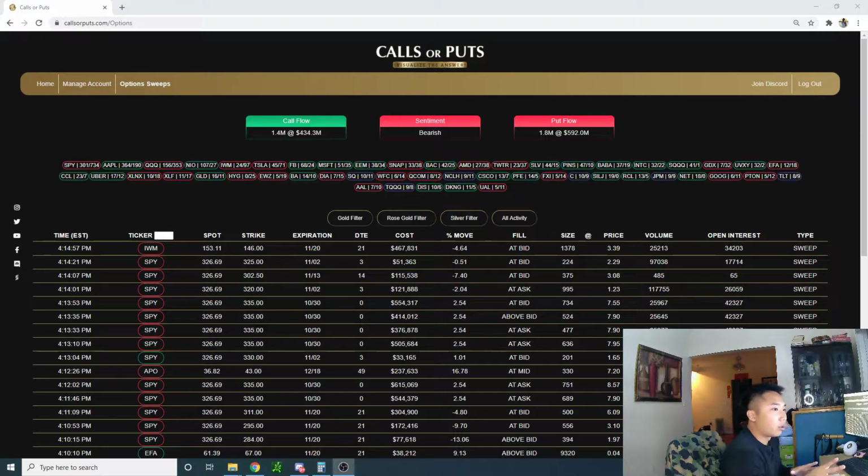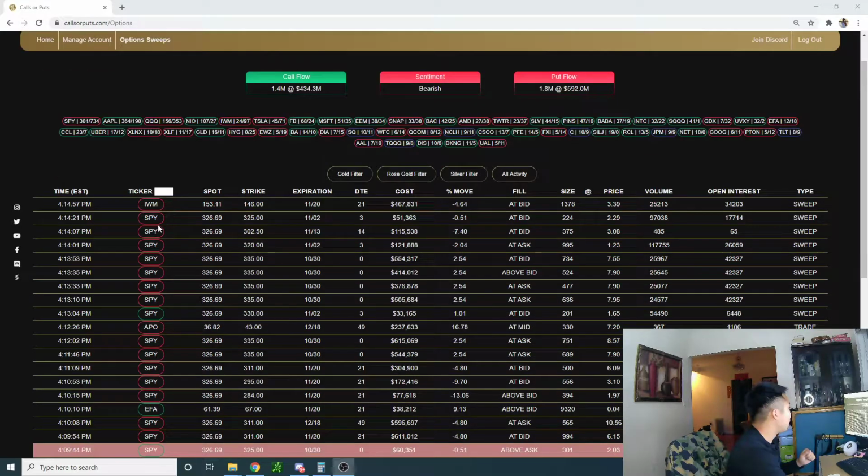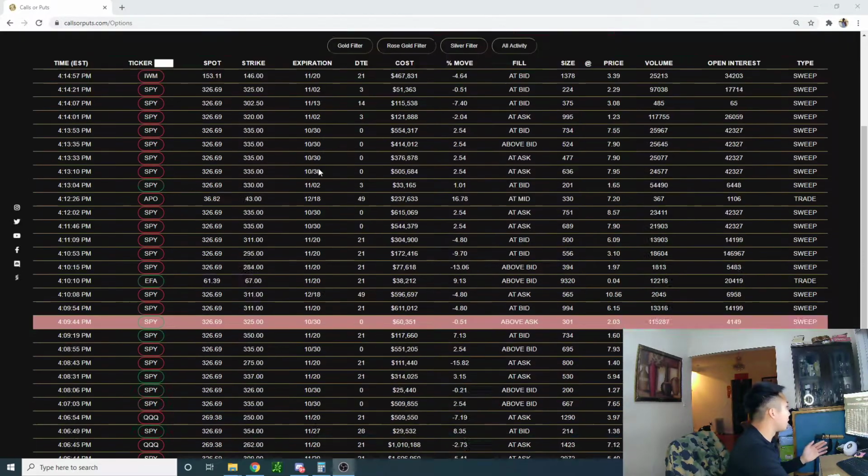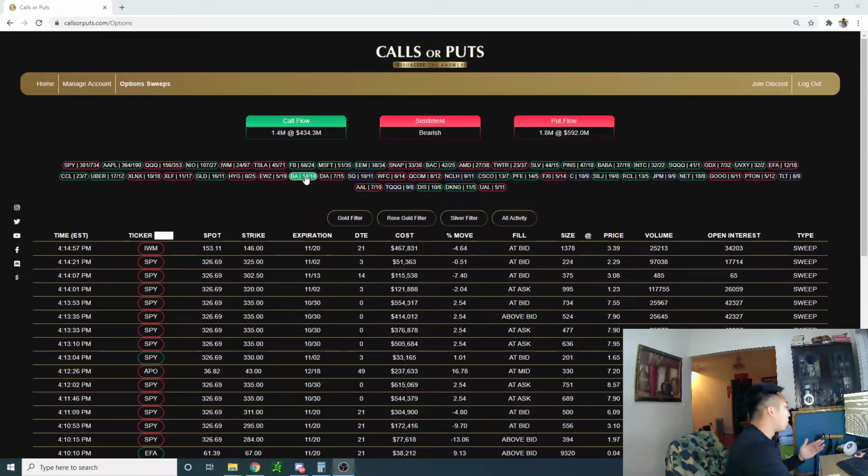Anyways, in this video, we're going to talk about what each of these columns mean, because I get a lot of questions about it, especially because this platform shouldn't be used by beginning traders. This is a platform that is made for people that are already trading.